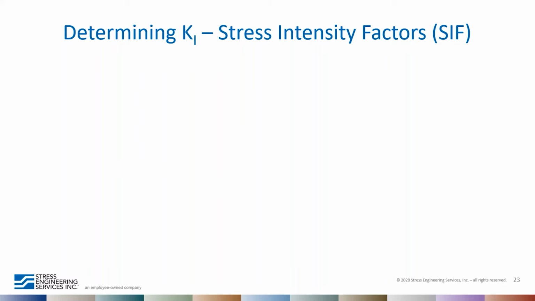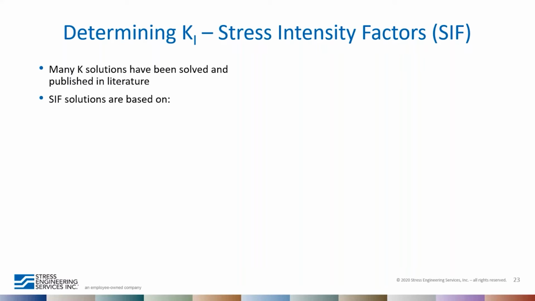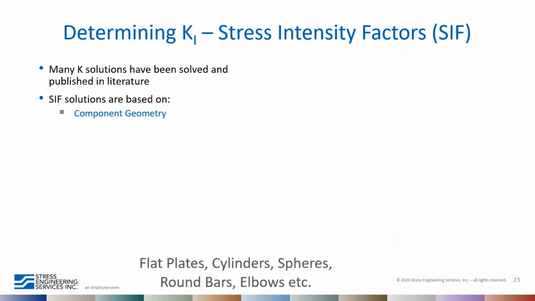All right, so in order to evaluate the conditions in a crack, we need to determine the K1. There are a variety of methodologies for determining K1. We have many case solutions which have been solved and placed in public literature. These stress intensity factors are based on component geometries, so there are solutions for flat plates, for cylinders, for round bars, for elbows.